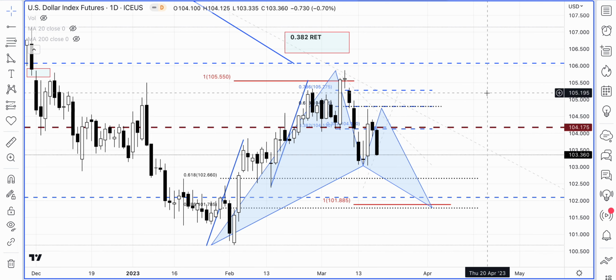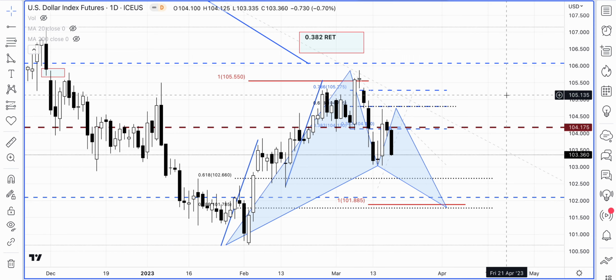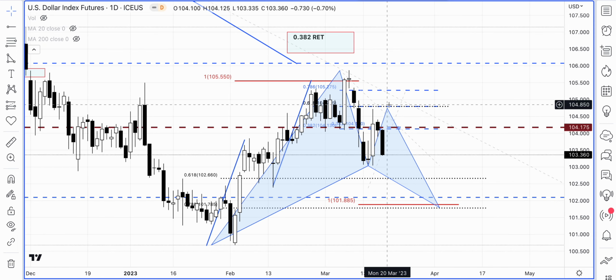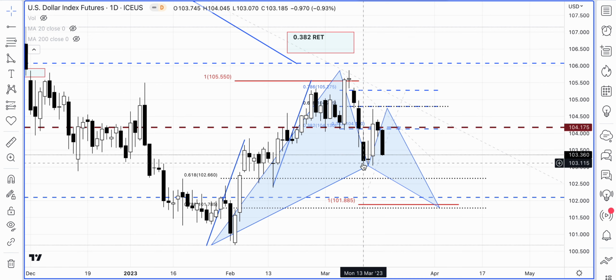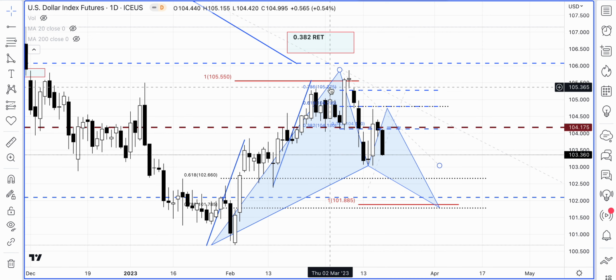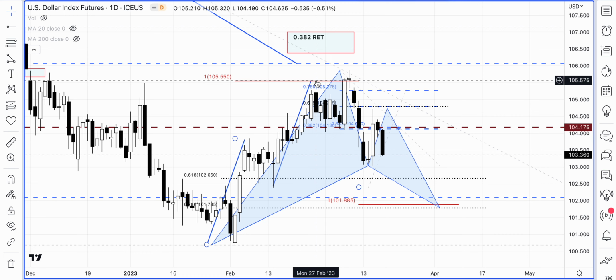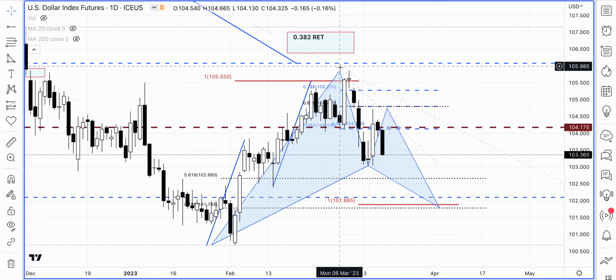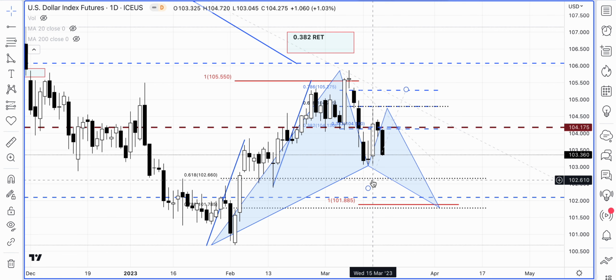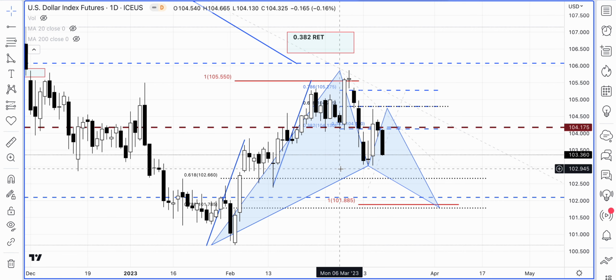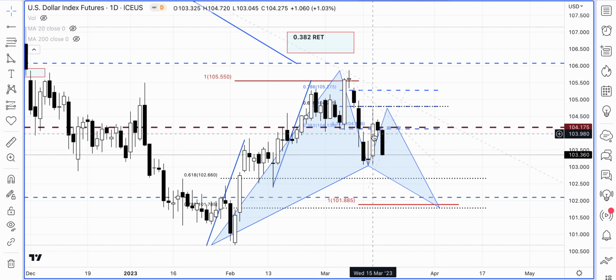So what we have seen over the last week of trading is that we have indeed seen weakness come in. The level which we reached was 105.55. This was the ABCD completion, and we did mention that. On Wednesday 15th of March, because of the crisis going on in the banking industry, there was a flight towards quality and perhaps big money moving into US dollars, so we saw a big candle.